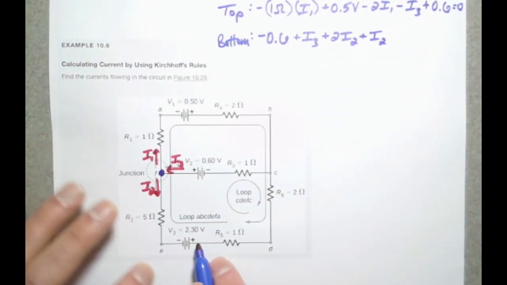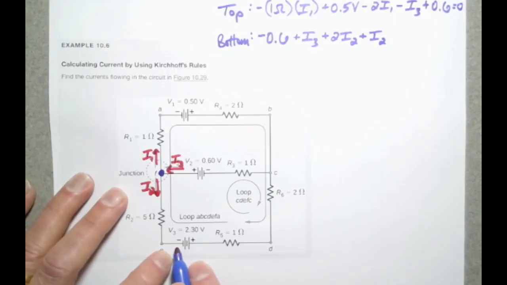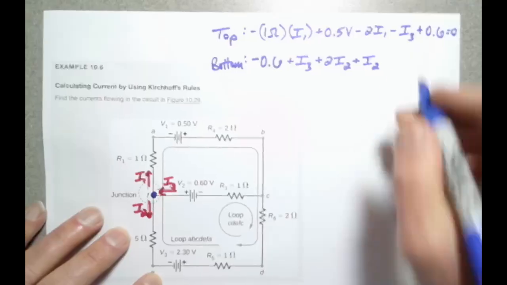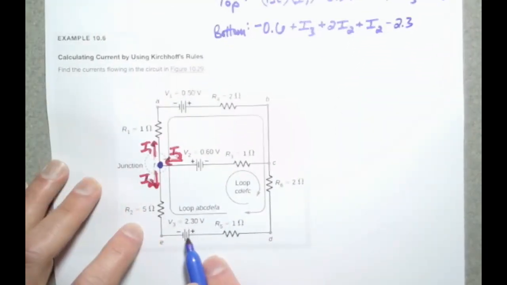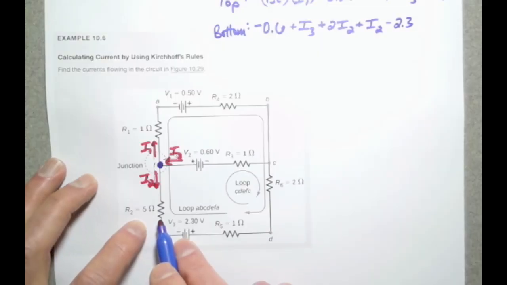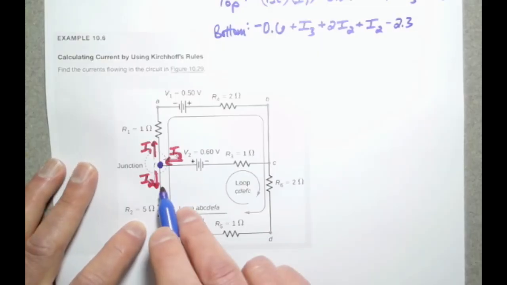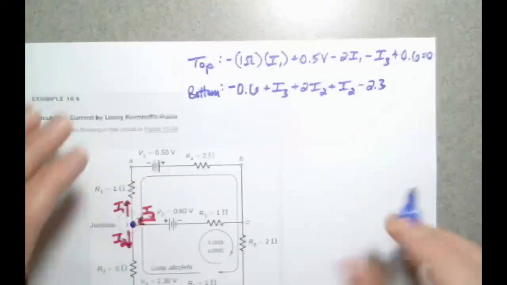All right, and then let's keep going. What happens when I get here to this voltage source? Minus 2.3. Okay, and then what happens when I get to this resistor right here? Once again, I go up, plus 5I2.